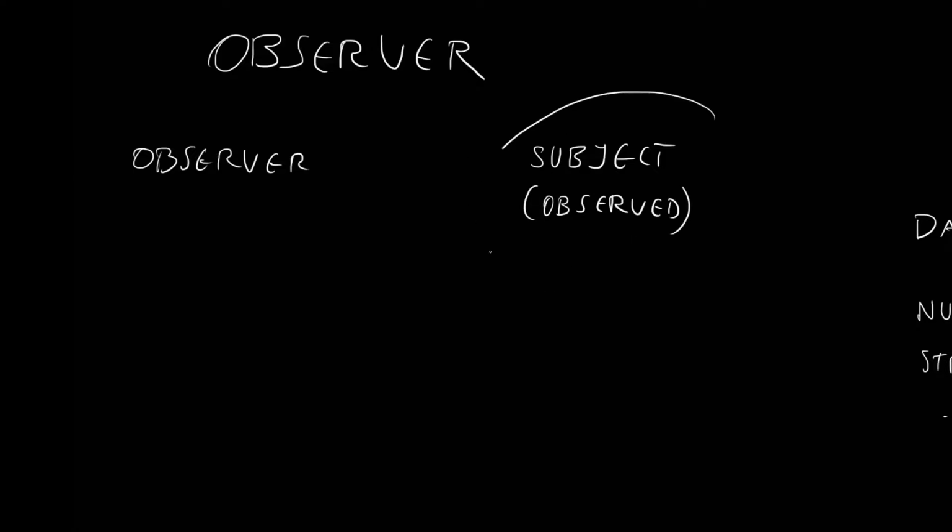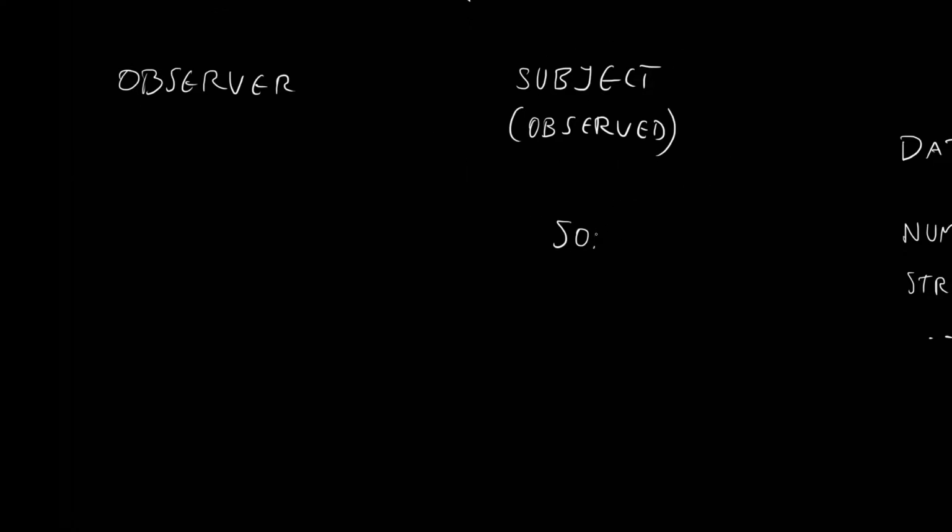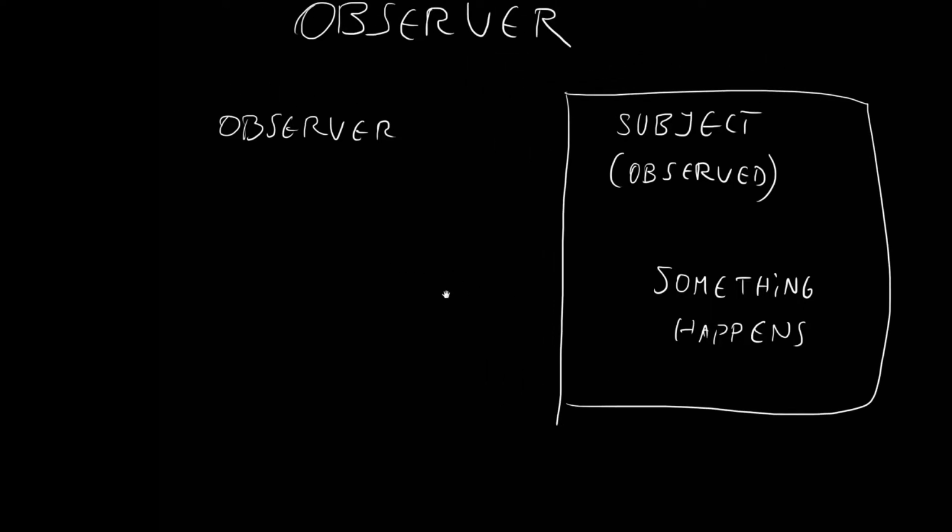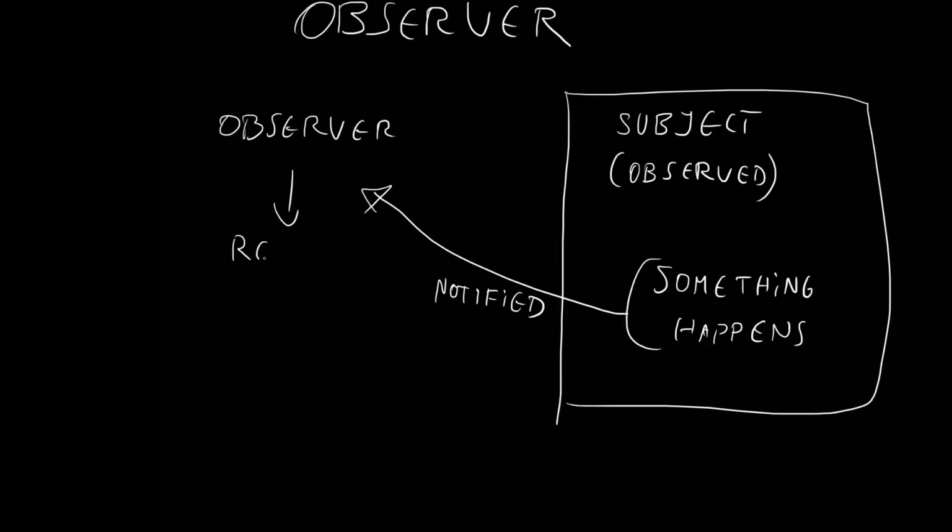Now something happens in the subject, so there is a separation here. And when this something happens, the observer gets notified and then it reacts. It reacts to something happening in the subject.